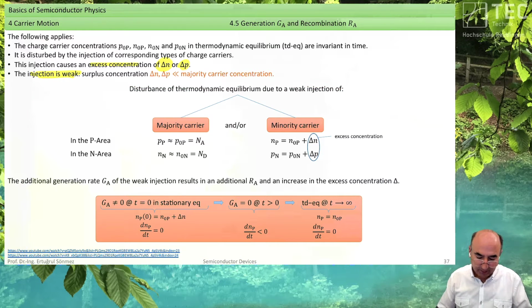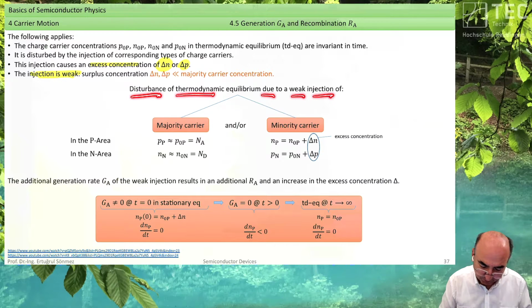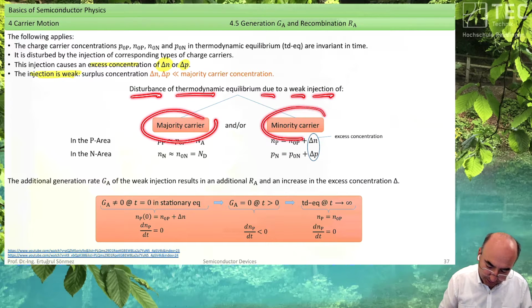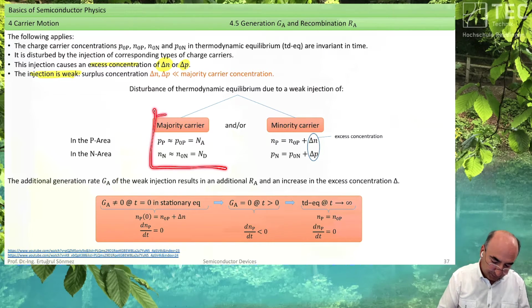What are these statements? The disturbance of the thermodynamic equilibrium due to weak injection of majority carriers and minority carriers needs to be treated differently. Usually you say, if I have 1 million particles and I add 10,000, then I have 1.01 million particles. I don't care about this 10,000. Here we are.